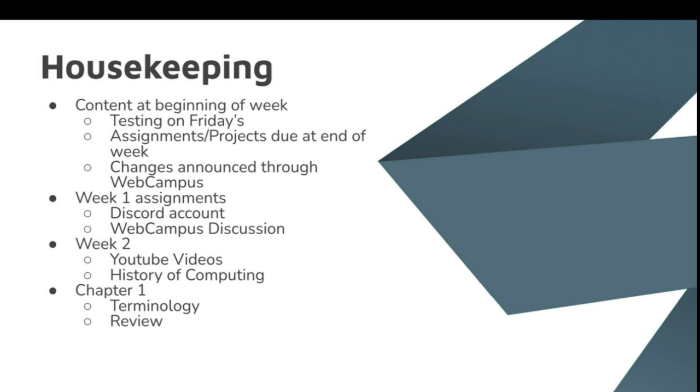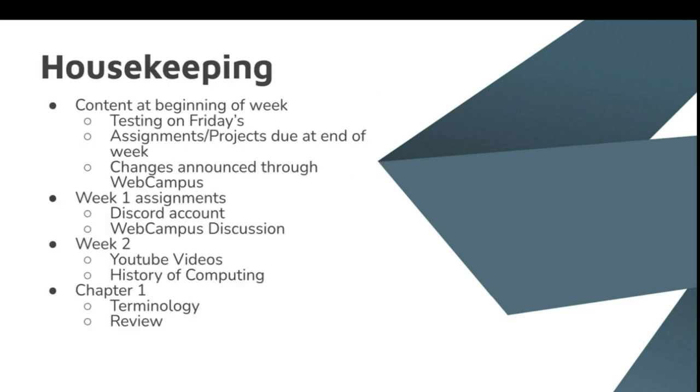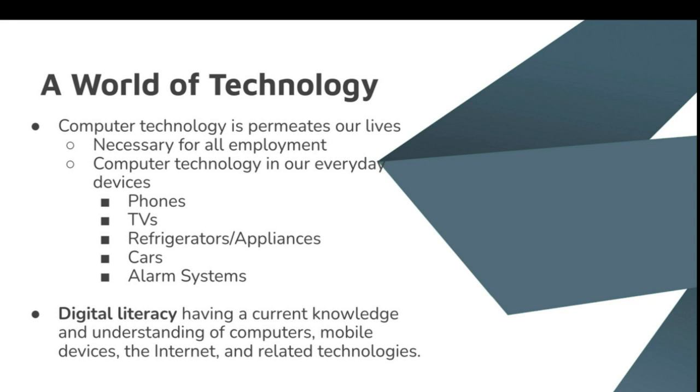So chapter 1 is just making sure that we're all on the same page as far as terminology and understanding some basics about the definitions and what we will be talking about as far as computers. So let's jump in.